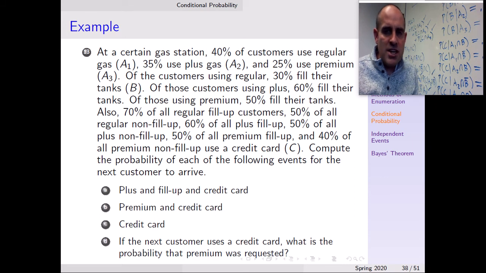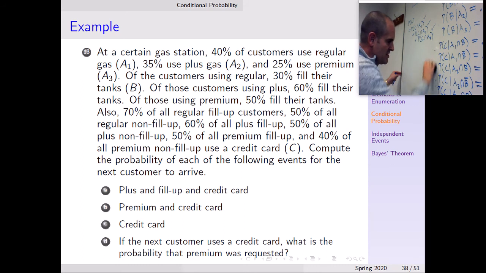So let's peek at the last one here. If the next customer uses a credit card, what is the probability that premium was requested? Okay, so what are we being asked to compute here?